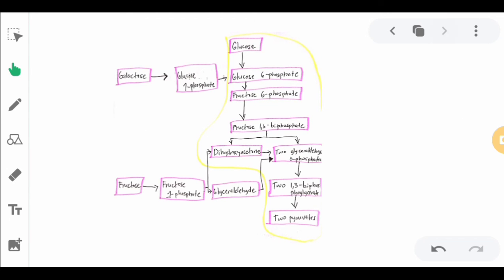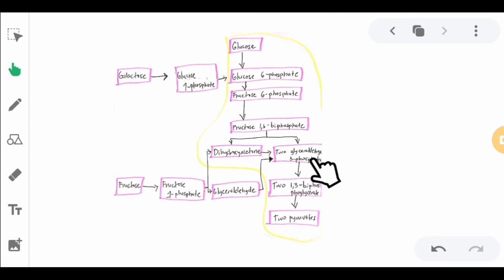So here is the glycolysis pathway for glucose. The galactose from the liver, before it enters the cytosol, will be converted into glucose 1-phosphate, and this glucose 1-phosphate will be isomerized into glucose 6-phosphate. Therefore, the entry point for galactose is at glucose 6-phosphate. The fructose will be converted into fructose 1-phosphate, and the fructose 1-phosphate will be cleaved, split into dihydroxyacetone and glyceraldehyde.